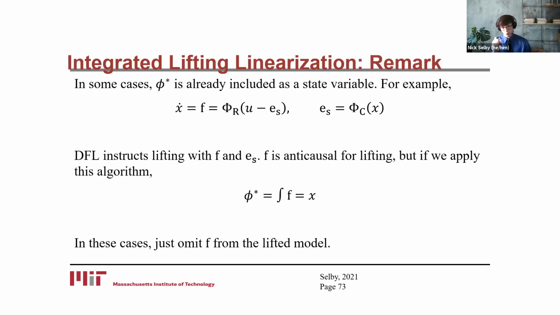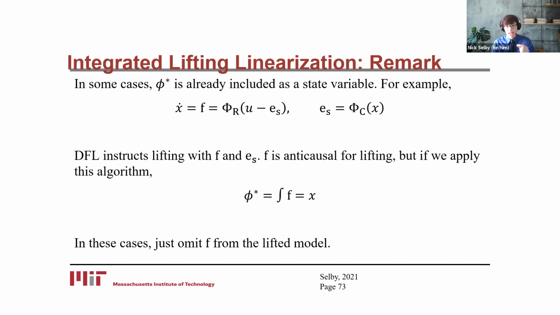However, there's one caveat. In some cases, phi star is already included as a state variable. So for example, consider the system given by x dot equals some nonlinear function f of u and es, where es is a nonlinear function of state. You'll probably know the next steps by now. DFL instructs lifting with f and es, but f is a nonlinear function of exogenous input u, and therefore cannot be used for lifting.